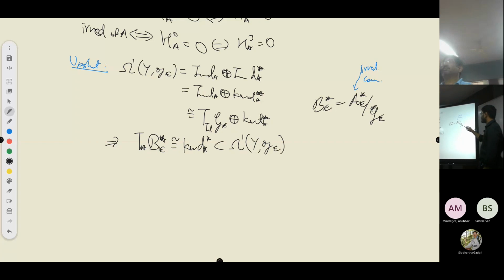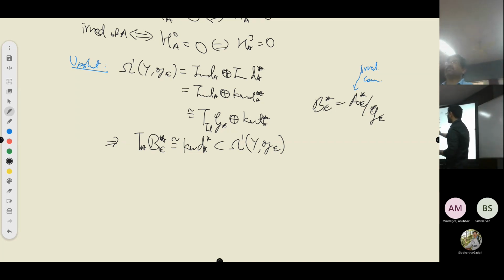When you take it mod the gauge group, sometimes some of them might become finite dimensional, but the algebraic topology of B_E star and B_E basically coincide. So for the most part, sometimes I might write B_E when I really mean B_E star, in which case do ask if that's too confusing.